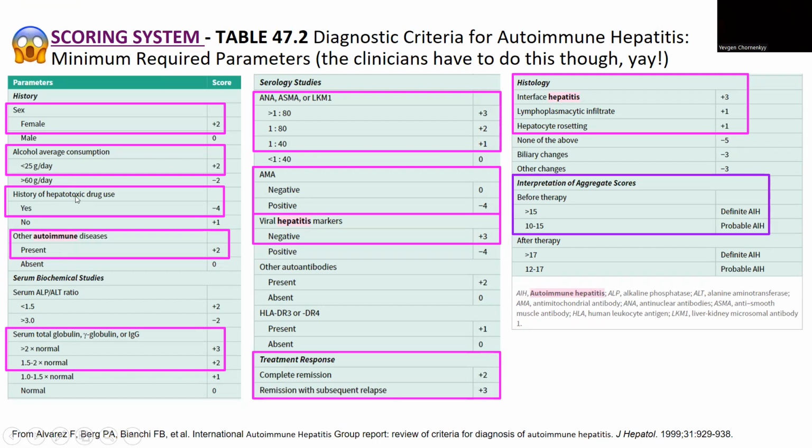Whether they use hepatotoxic drugs, autoimmune diseases, immunoglobulin ratio, antibodies, ANA, hepatitic markers, treatment response. If they give them corticosteroids, does it treat it? That makes it more likely that it's AIH, then histology, and then they do an aggregate score. I'm just putting this here so you guys know that it exists, that's how it could be done.